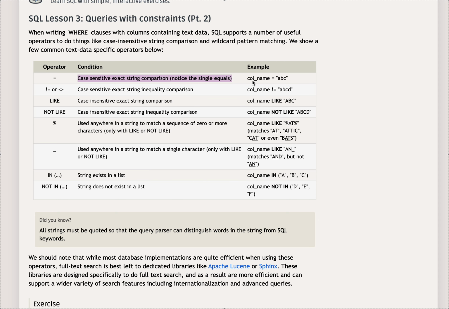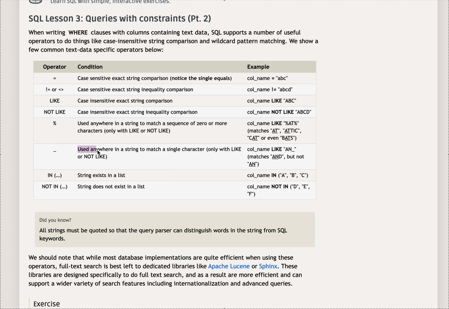You can do case sensitive exact string comparison, like column name ABC, and you can do case insensitive like ABC, and case insensitive exact string inequality, not like ABCD, used when the string to match a sequence, so like AB. So AB here matching, AB here matching, AB is also matching. So you can use percentage, right? Percentage here, like percentage AB, AB anywhere.